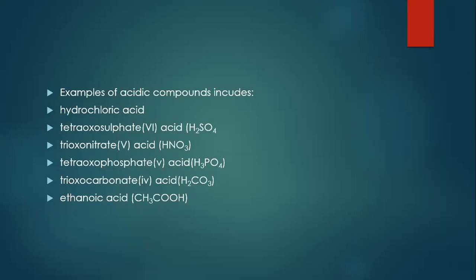Okay. Now, what you need to remember about all these acidic compounds is that when they are dissolved in an aqueous solution, example water, they release these protons, they release these hydrogen ions in this aqueous solution.